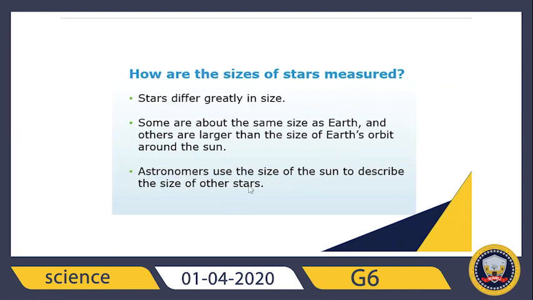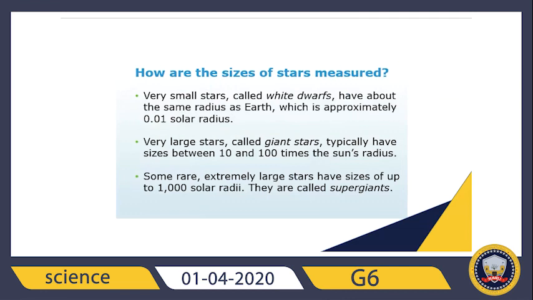Astronomers use the size of the Sun to describe the size of other stars. So very small stars, guys, are called what? Called white dwarfs. These white dwarfs have about the same radius as Earth, which is approximately 0.01 solar radius.